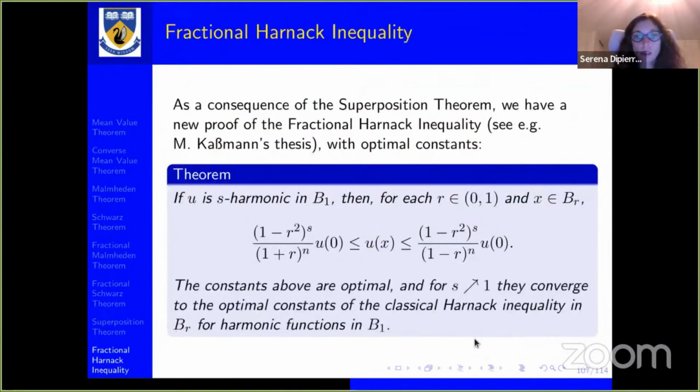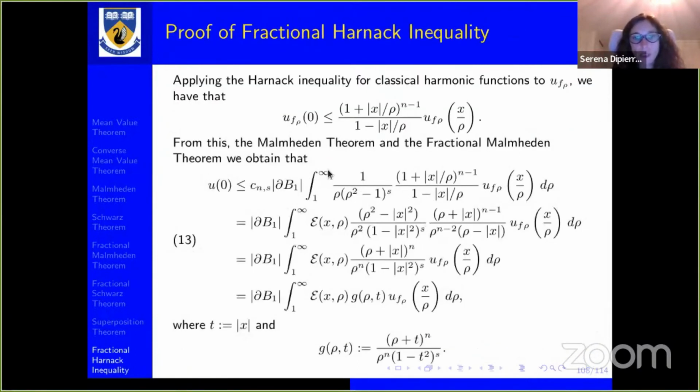So this is omitted here, but this is the first step. And then I'm using the fact that U f rho at 0 is bounded by this object. So I have the kernel at 0, and then this comes from U f rho at 0 being bounded by this object.